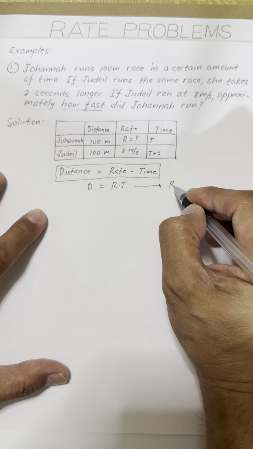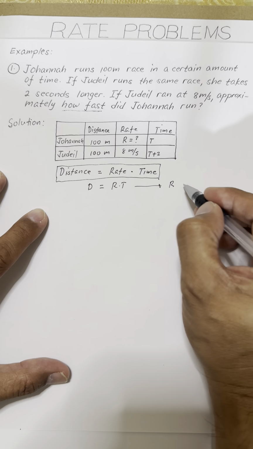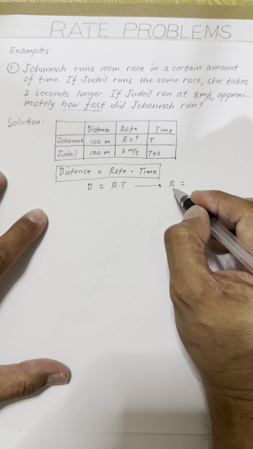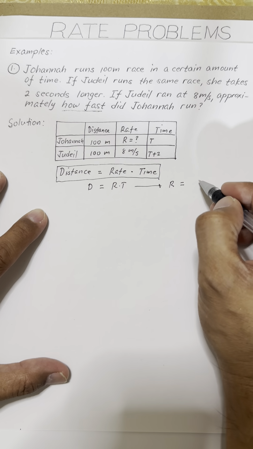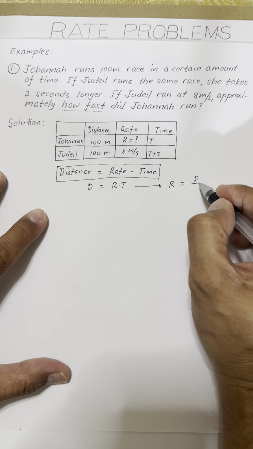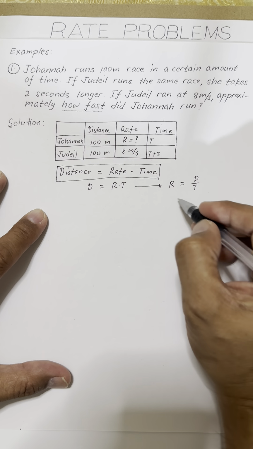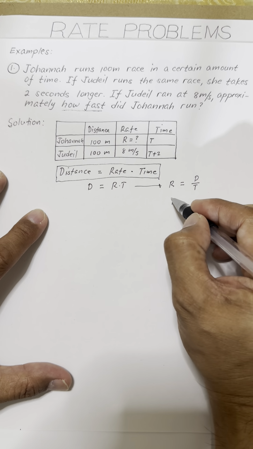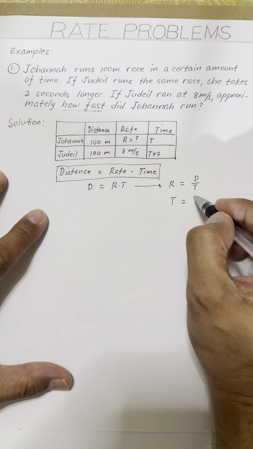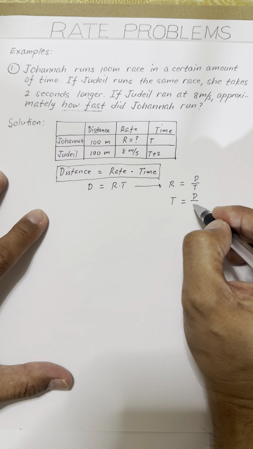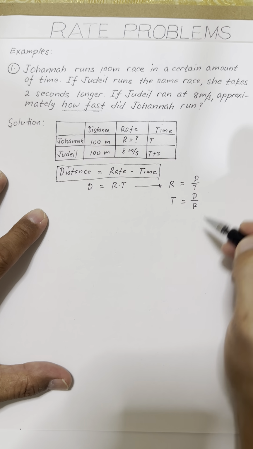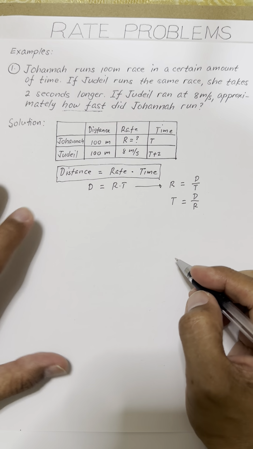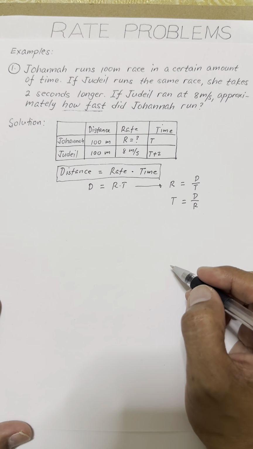If you want to solve for the rate, you just divide both sides by T, so you will get R equal to D over T. Similarly, if you want to solve for T, divide both sides by R, then you will get T equal to D over R. So these are the formulas that we can use to solve this problem.